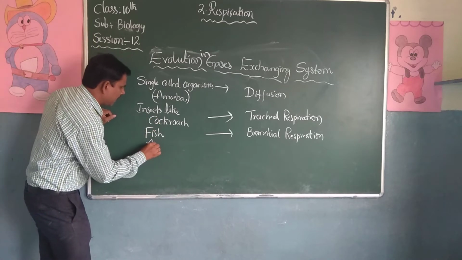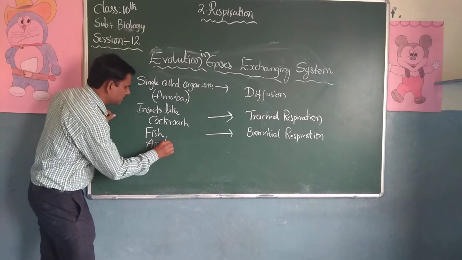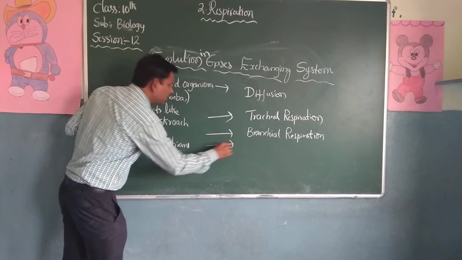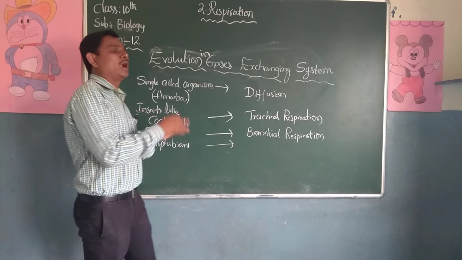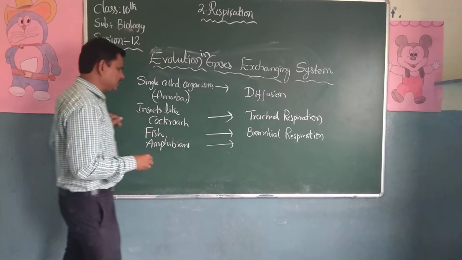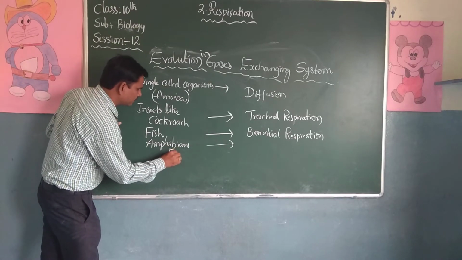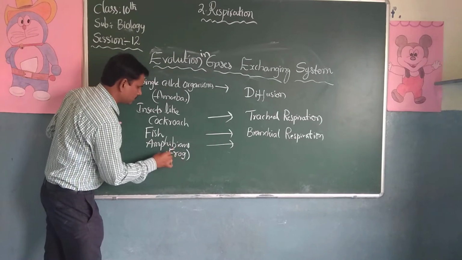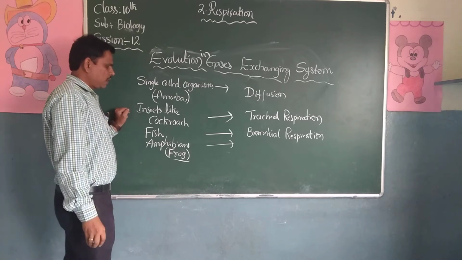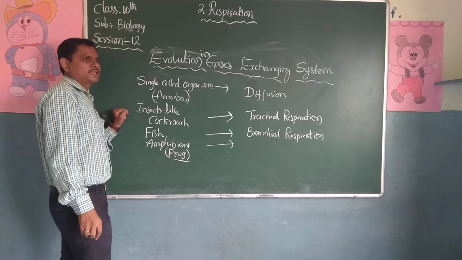Next one is amphibians. What are amphibians? They live in water as well as on the land. The best example is the frog. How will amphibians respire?